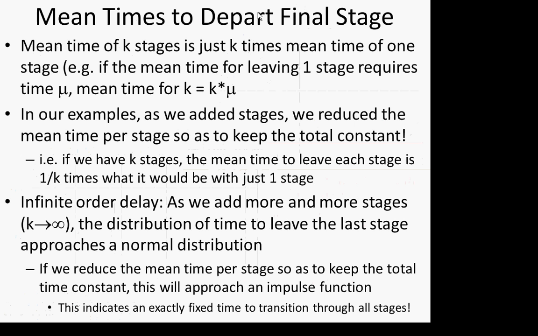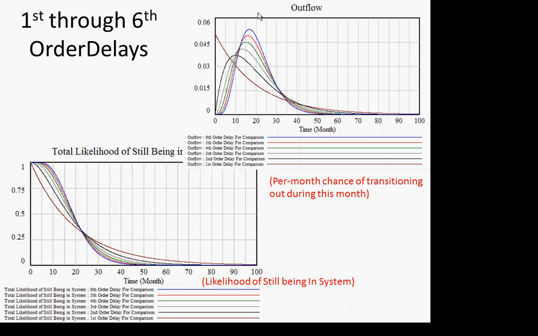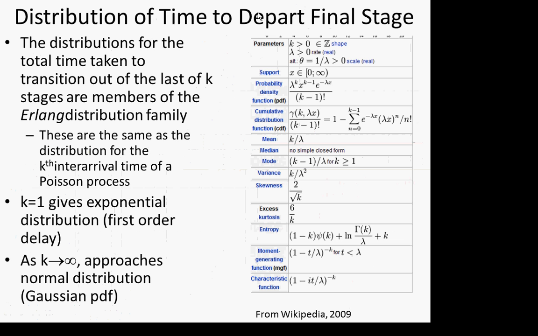And if we keep the total time constant, an impulse function. Okay, so this is getting closer and closer to sort of a normal distribution. And for those who have a stronger statistical background, some will recognize this as what are called Erlang distributions. These are Erlang distributions, Erlang of order k.